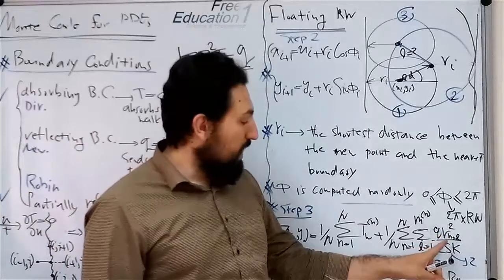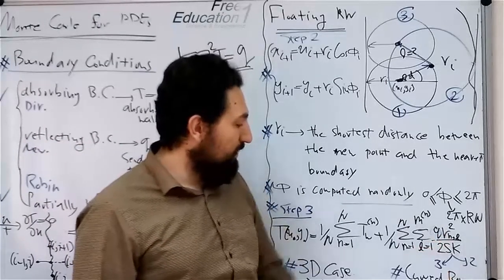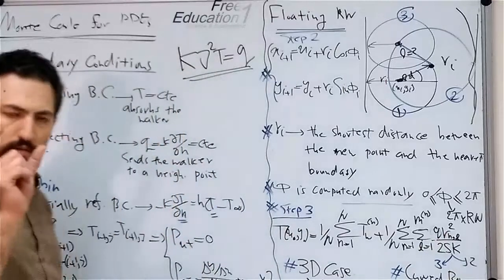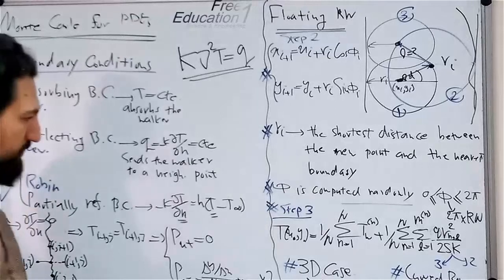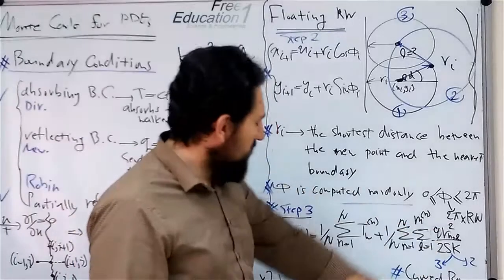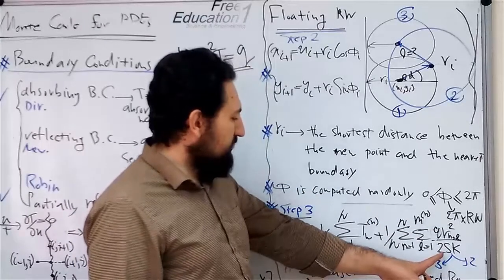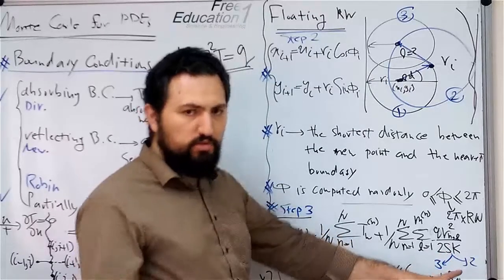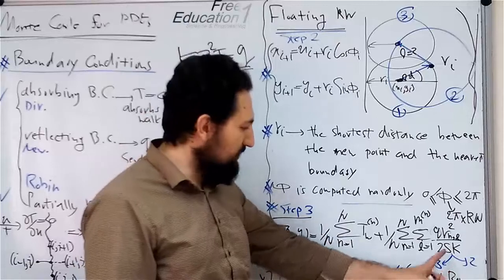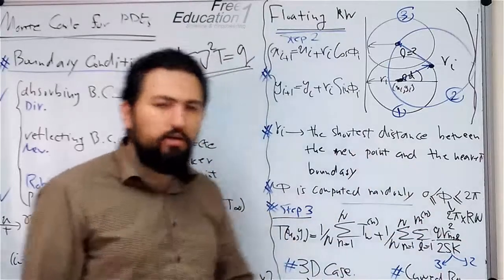R sub n,l shows the shortest distance between the point and the boundary, as you know, raised to the power s in the denominator. Here s shows the dimension of the equation: for two-dimensional and three-dimensional equations, this parameter equals 2 and 3 respectively.